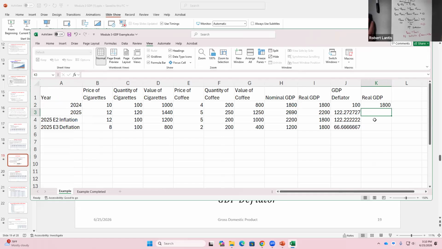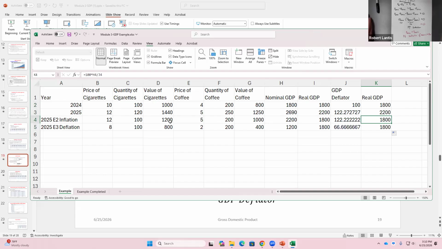Now, if I have inflation, which we were doing down here, I can use this row, but I could also use the one where we kept quantities the same. What's happening to my real GDP? Okay. Well, I'm still going to take my nominal GDP divided by my price deflator, multiply it by 100, so I can copy this down.